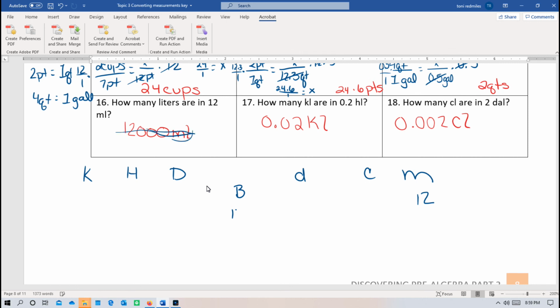See, I brought it to milliliters. Looks like I got it confused, the 12 liters, when I made this. Okay. But I'm going to liters, which means I'm going to go 1, 2, 3 to the left. 1, 2, 3. The answer should have been 0.012 liters. I was finding liters, not milliliters.